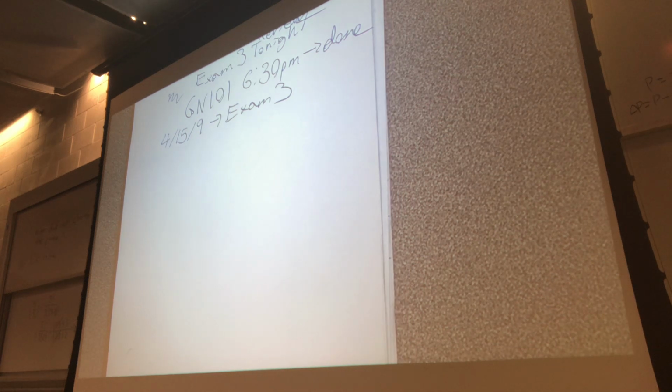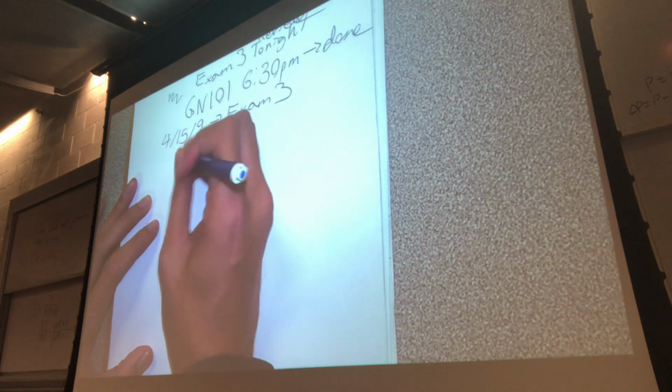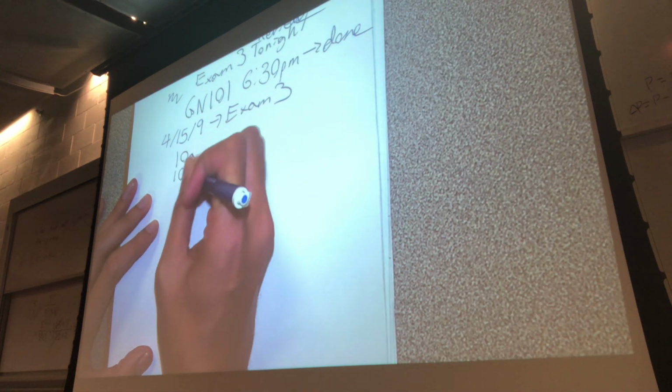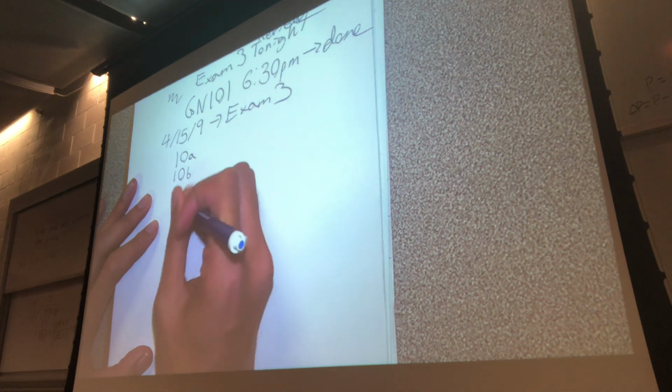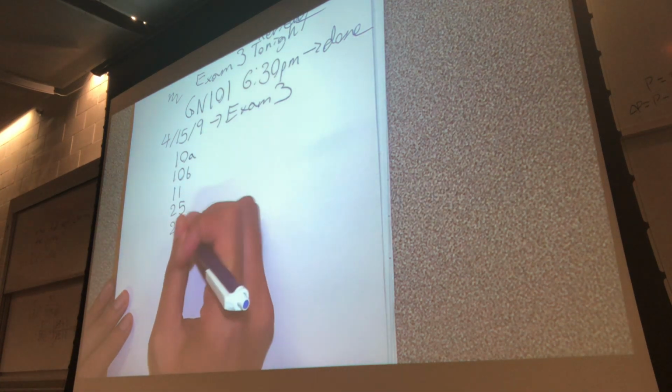Oh yeah, announcement. 29B will not be on exam 3, so I bet a lot of you are relieved about that. But that does mean it will be on the final. That means for exam 3, you need 10A, 10B, 11, 25, and 29A.